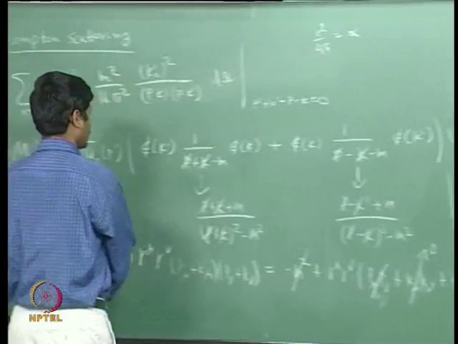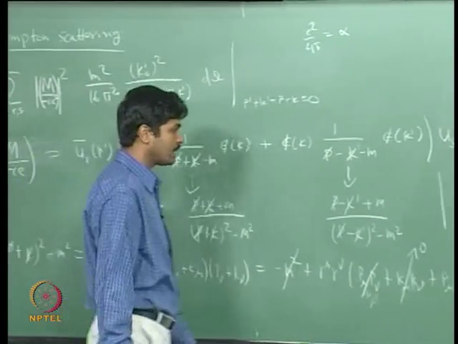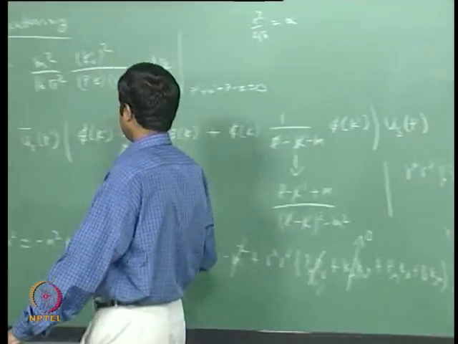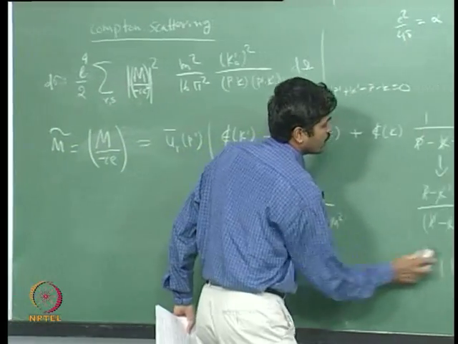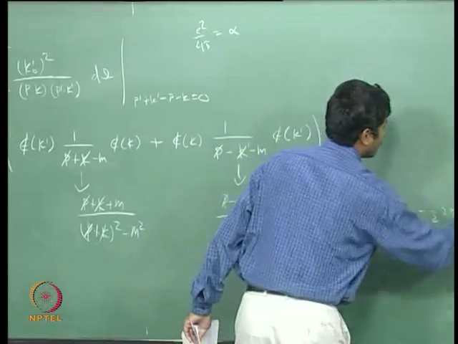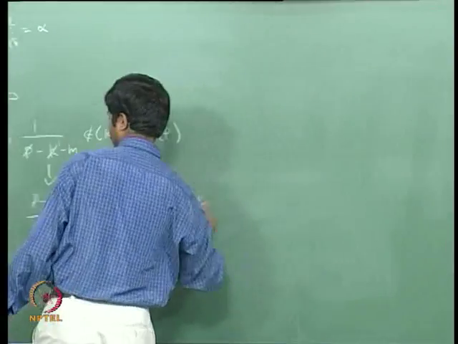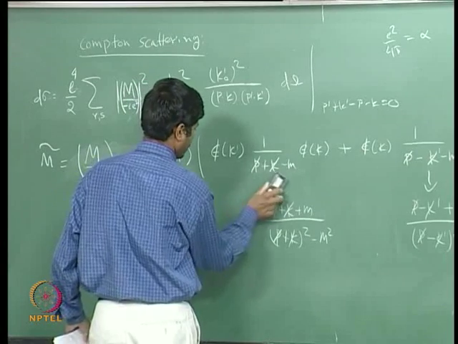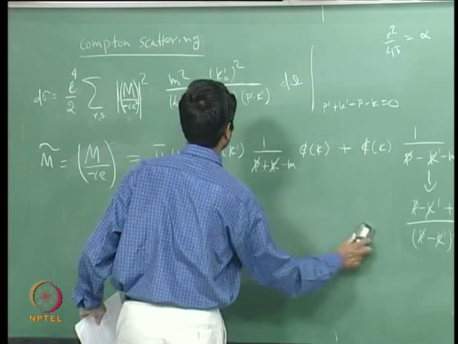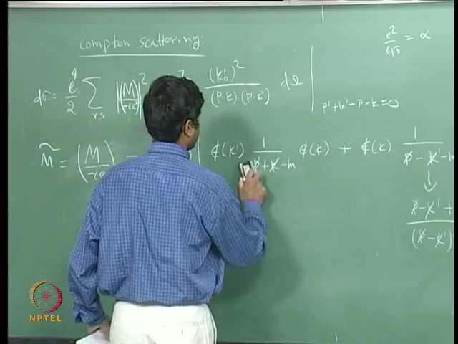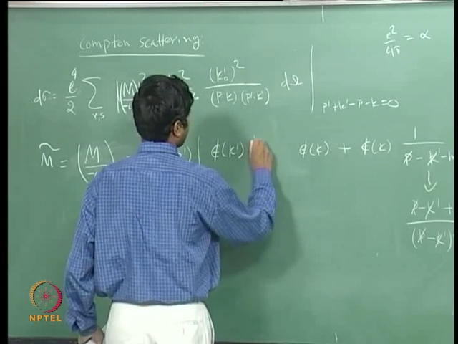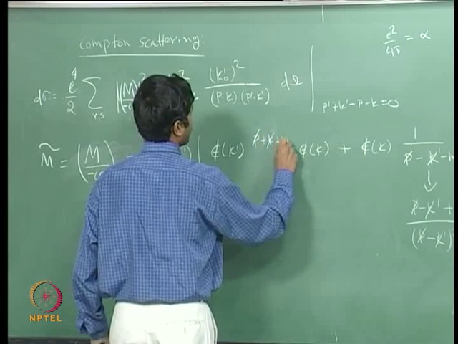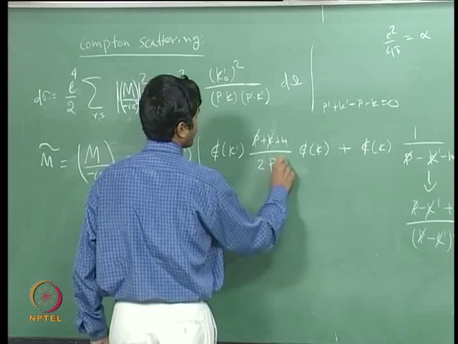Okay, so let us write it. p slash plus k slash plus m divided by 2 p dot k.